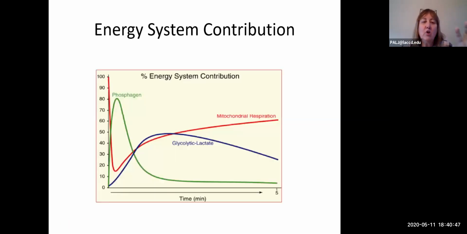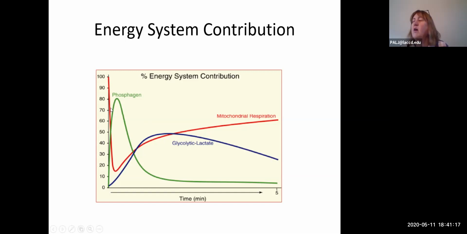So looking at these 3 systems, immediately we are using the phosphagen system with those 3 enzymes, the ATPase, breaking down the ATP, the myokinase, which is forming ATP from 2 ADPs, and then the glycolytic lactate system, which is using glycolysis.